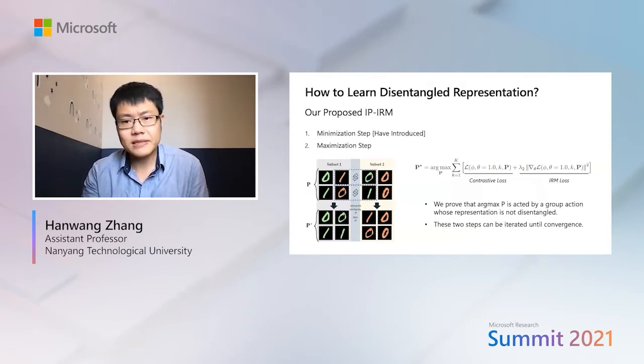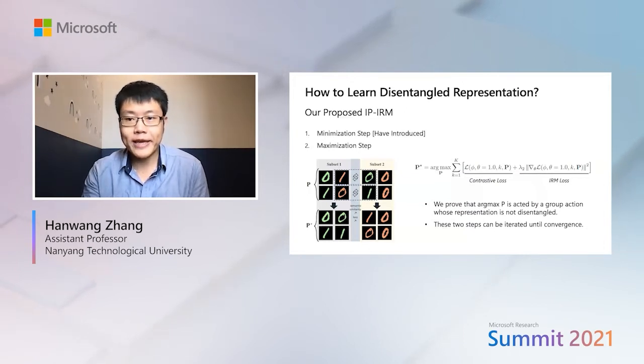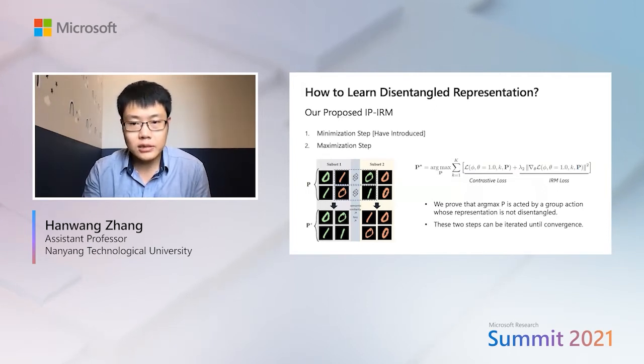Its contraposition is that if we maximize the objective, we can find an entangled feature. We proved that the argmax partition is acted by a group action whose representation is not disentangled. Then these two steps can be iterated until convergence.